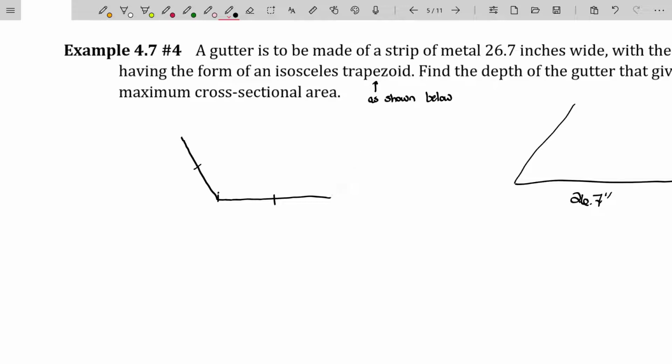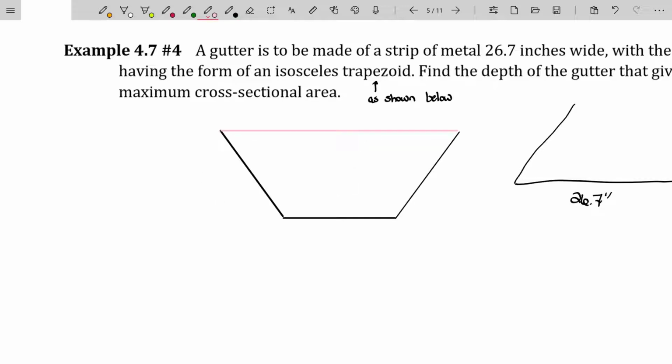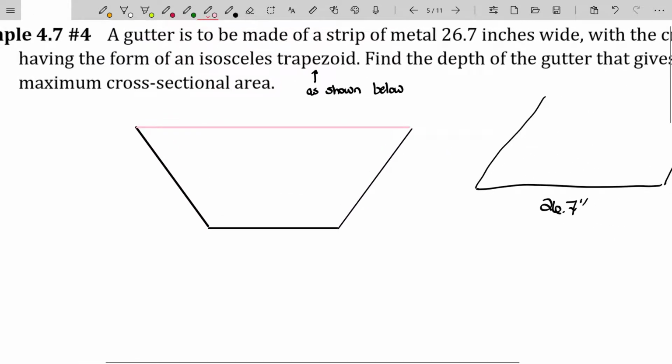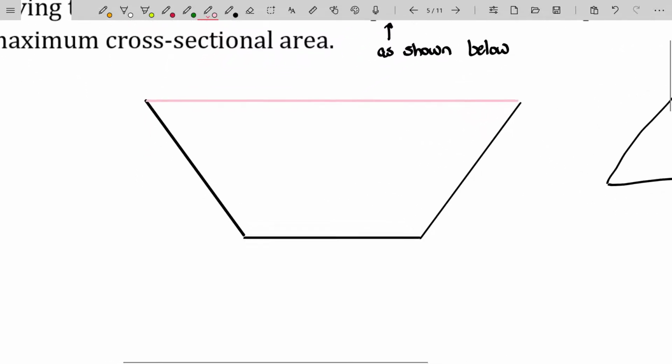Let me draw this a little more cleanly so that it's not such a mess here. So there's a cleaner picture. And what we're going to do is split up that 26.7 inches into 3 sections. So the bottom section here will be 26.7 inches divided by 3. This side length here will be 26.7 inches divided by 3. And this one also 26.7 inches divided by 3.